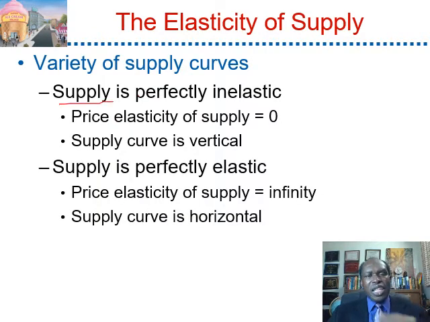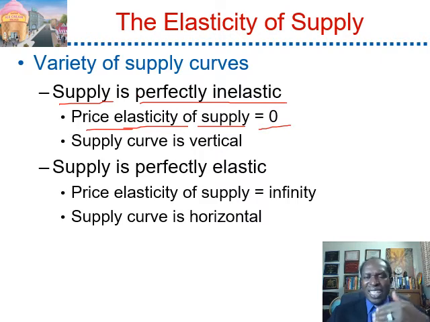The supply is perfectly inelastic when the price elasticity of supply is equal to 0. This means that the percentage change of the quantity supplied is equal to 0. The supply curve is vertical in this case.